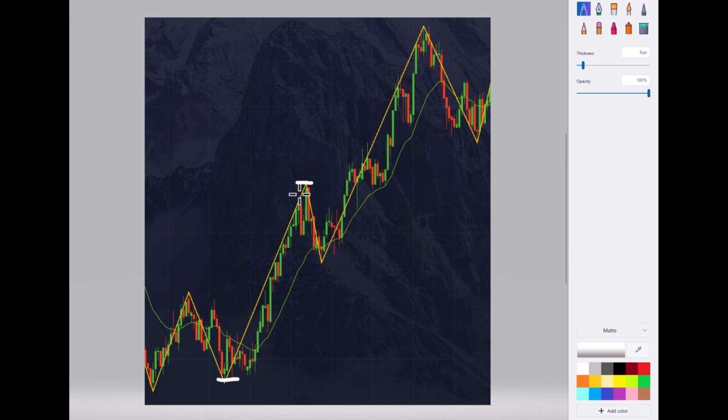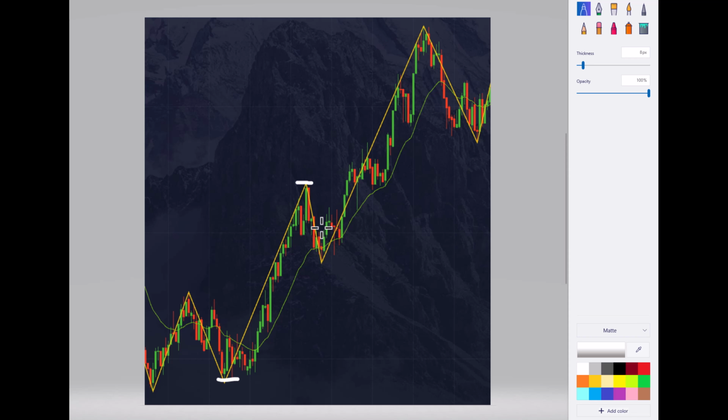So when you see a leg like this, we can call this a first entry, second entry long right here. When you go in to take that second entry long, you're taking it with the confidence that you're going to get another leg of this distance.